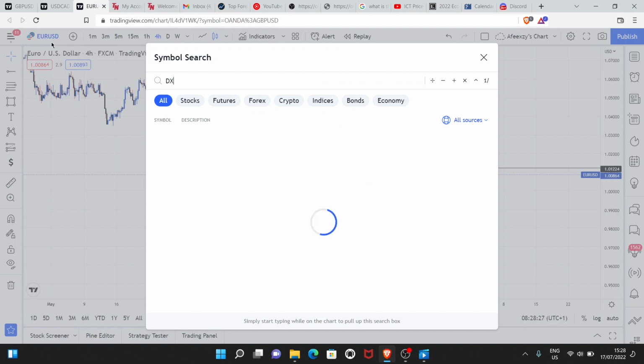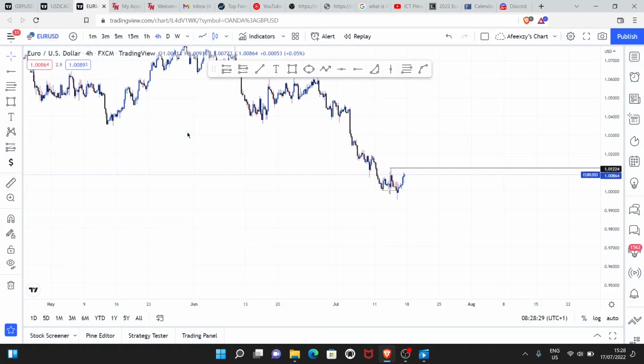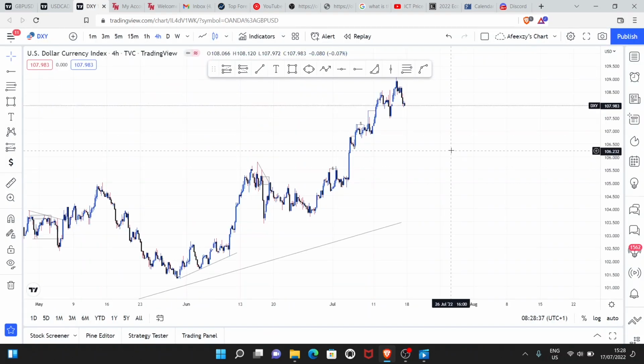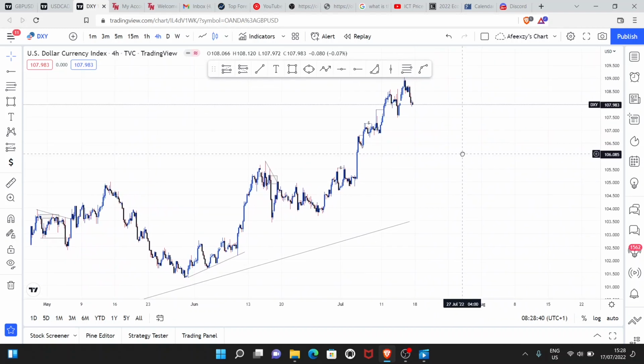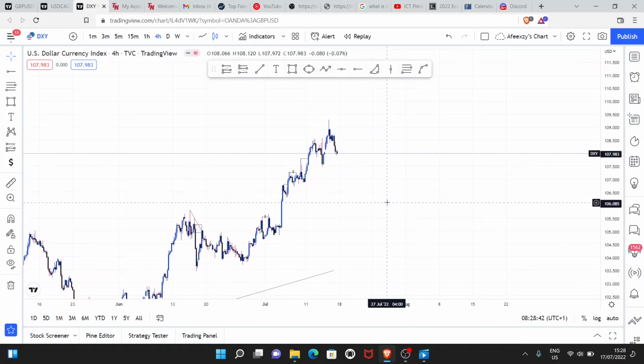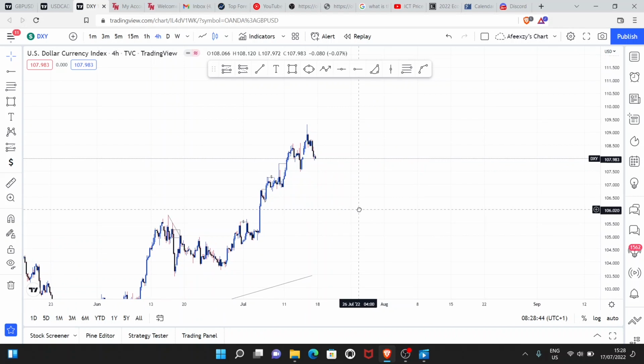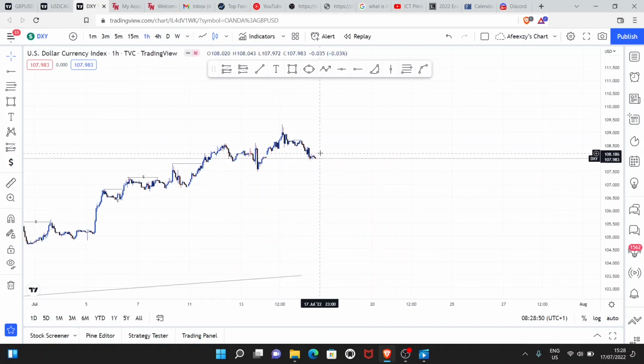Let me check DXY. Okay, on DXY, there was also an equal high here.